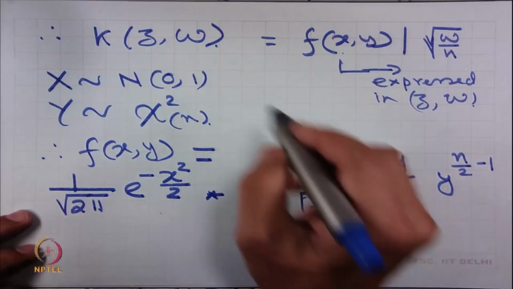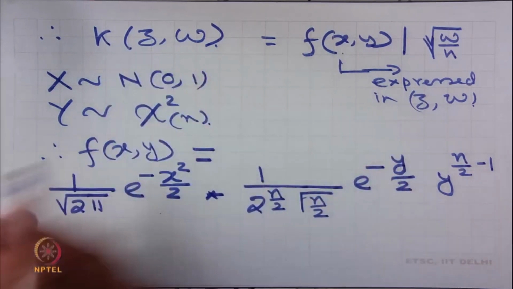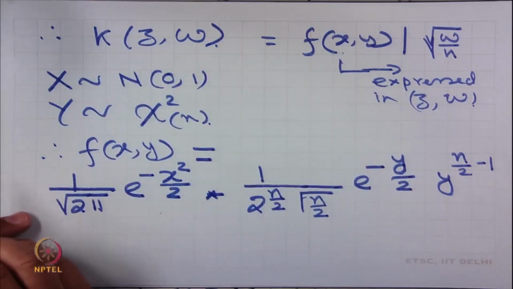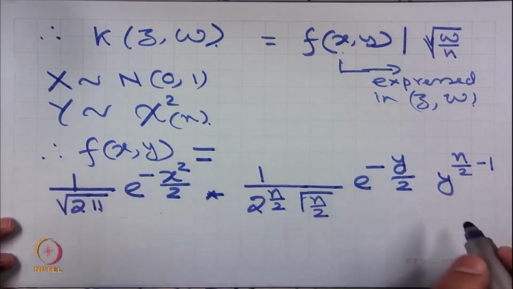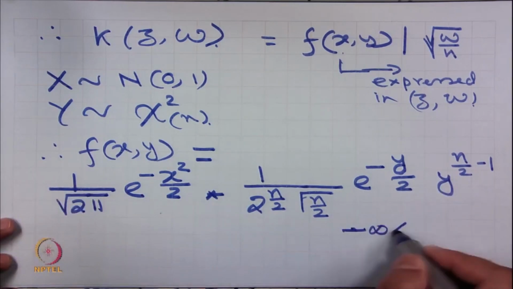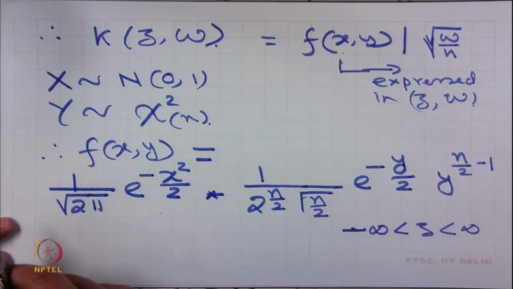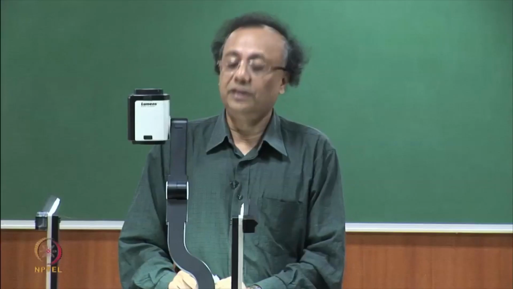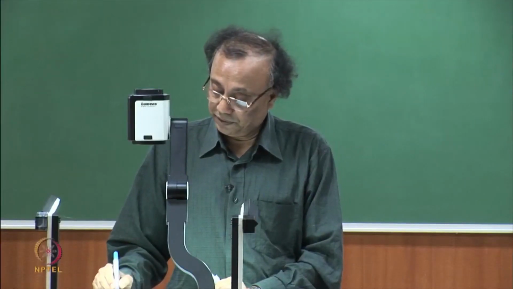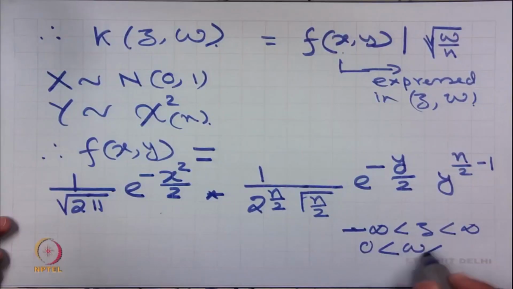It is worth noting that z will go from minus infinity to infinity, because z is a standard normal distribution divided by something which is positive, and w goes from 0 to infinity.